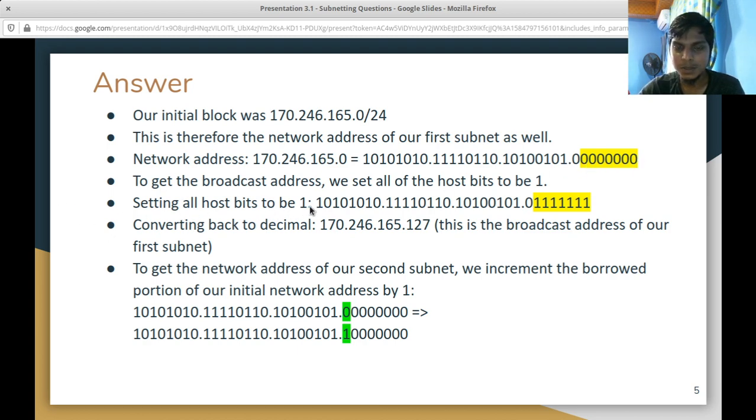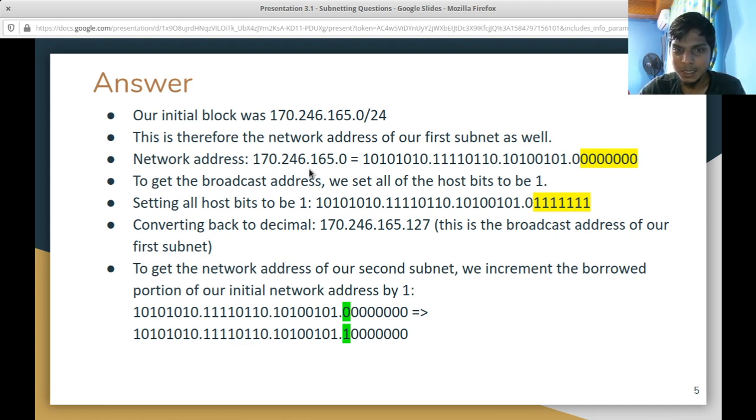So setting all the host bits to be 1 means that these things are just copied over here, and this 0 stays the same, but the yellow portion becomes 1. So put everything to be 1 in there. And converting this back into decimal gives us this. This is the broadcast address for our first subnet.